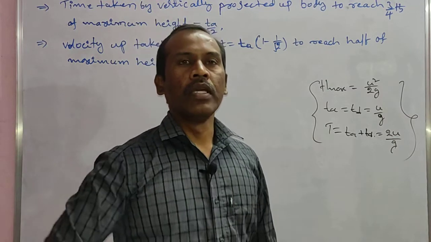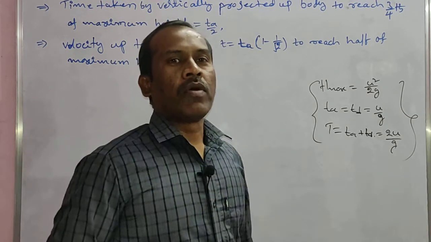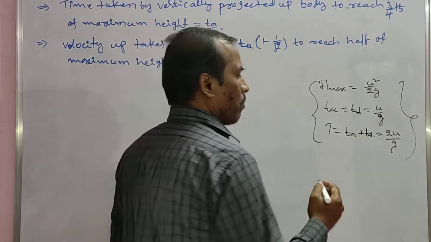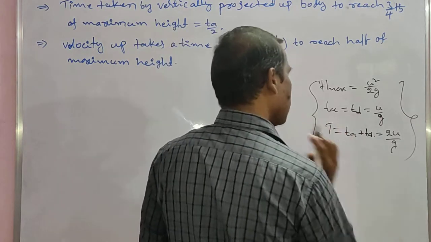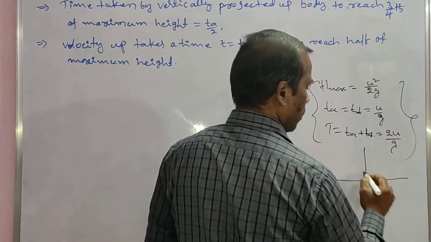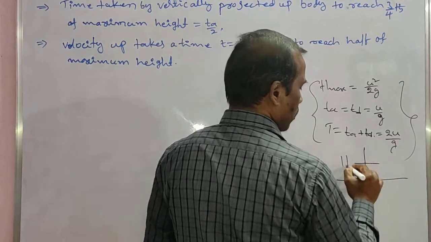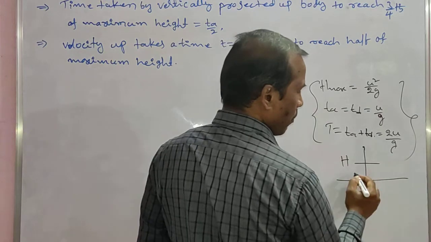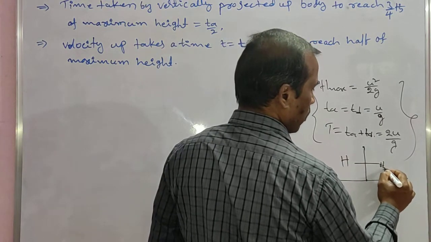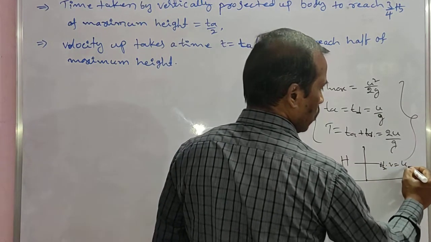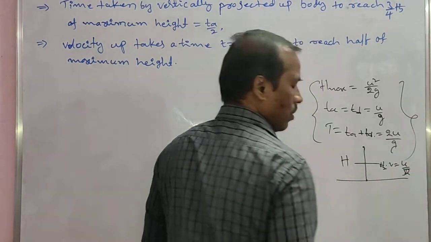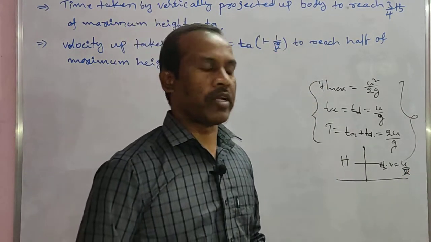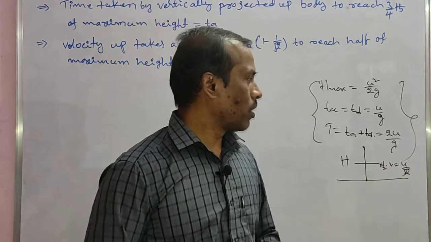Next, the velocity at half of the maximum height. If the total height is h, then half of the maximum height means h by 2, and its velocity v is equal to u by root 2.